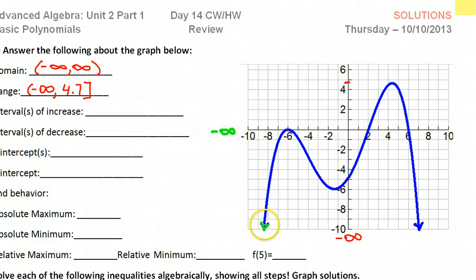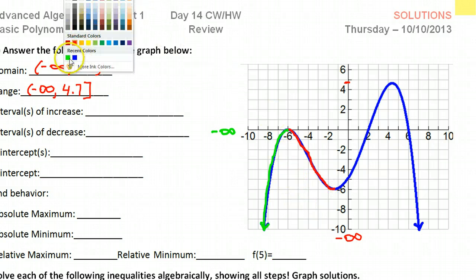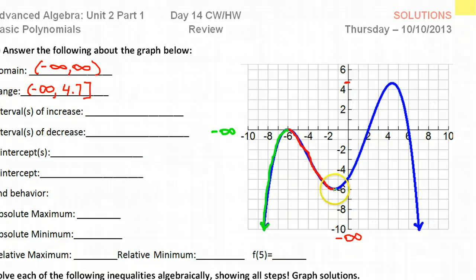I come in from negative infinity, and at first I'm going up. I'm increasing. This is an increasing part of the graph until it gets to here. Then it changes, and then it's decreasing as I go from here to here. That's decreasing. And then it changes, and then it's increasing again as I go to here.